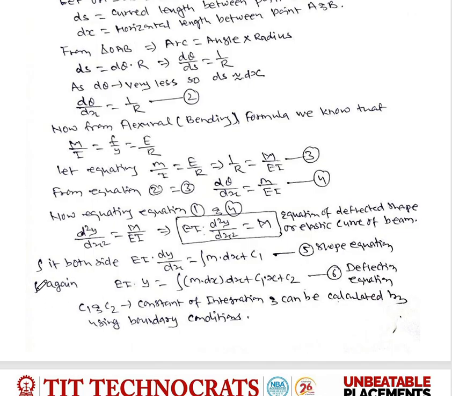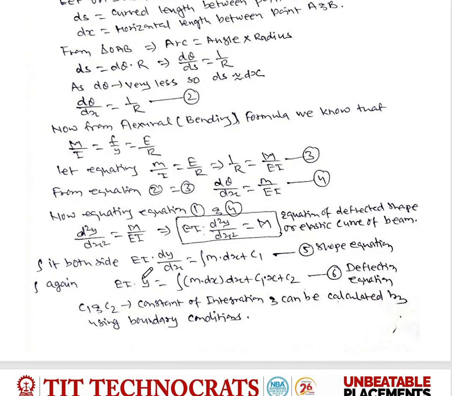Again, if we integrate this equation, then it gives EI y equals the integration of the integral of M dx into dx plus c1 into x plus c2, and this one is the deflection equation.